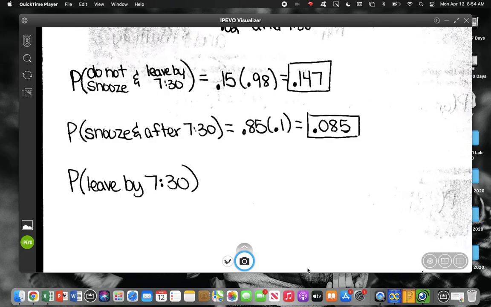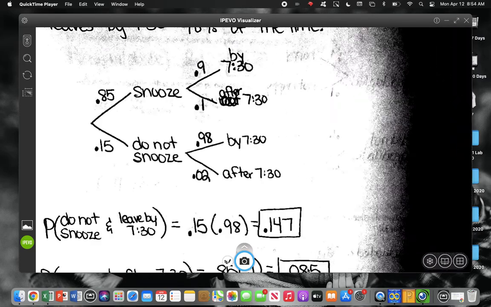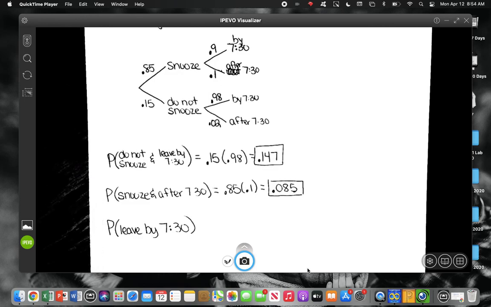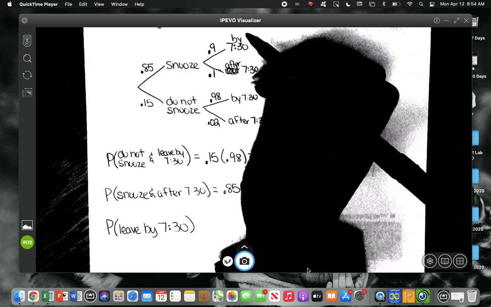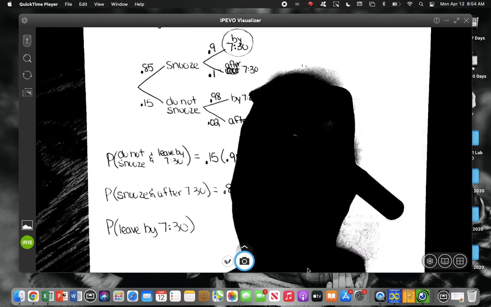All right, how many times in the branch do you see leave by 7:30? 1, 2. I'm going to zoom out just a little bit here. We actually have 2 times where you see I'm leaving by 7:30, here and here.